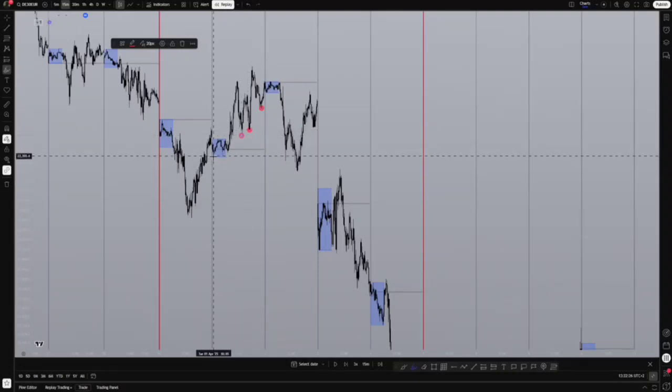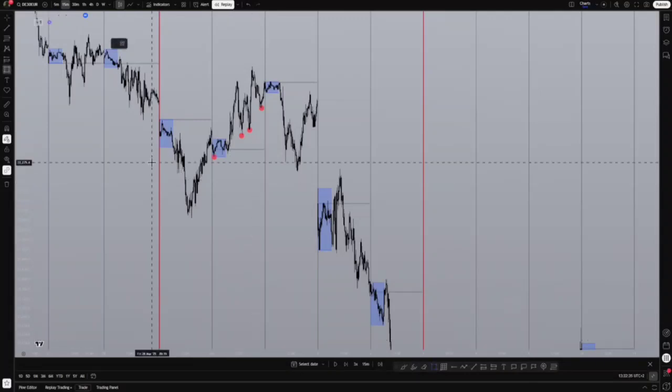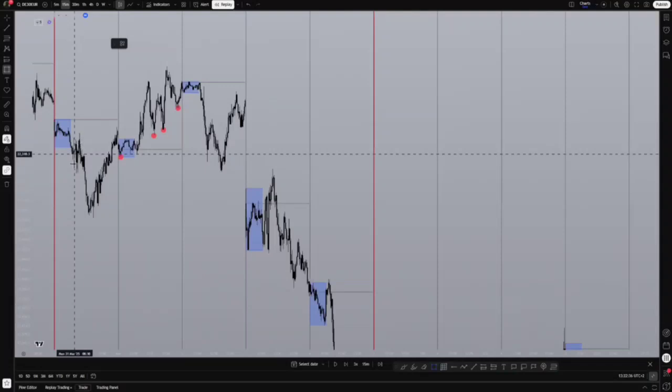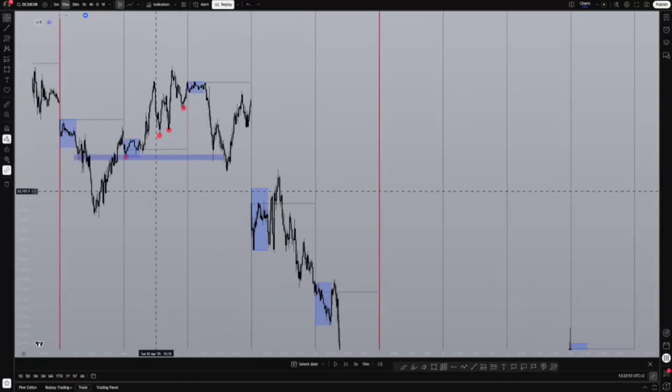What is the most convenient support and resistance? As you can see right here, there are a lot of wicks coming into this area somewhere here. So this is the 1st, this is the 2nd of April.